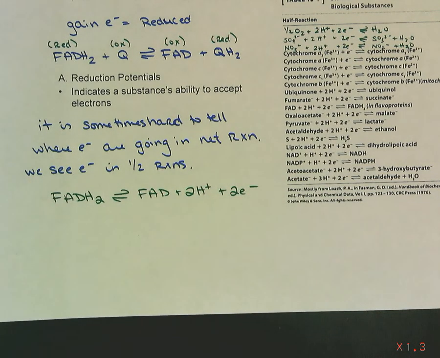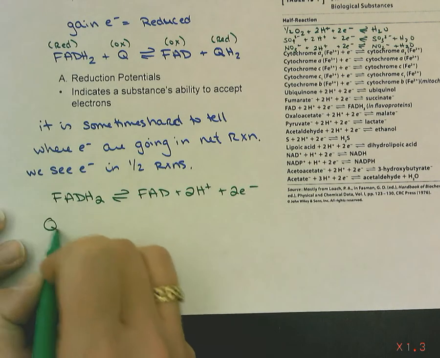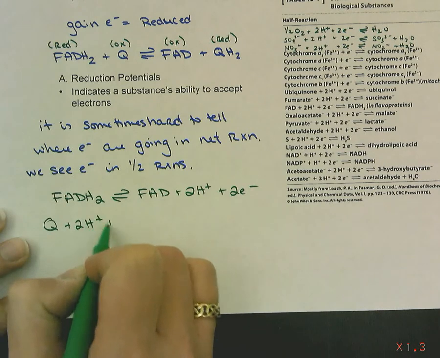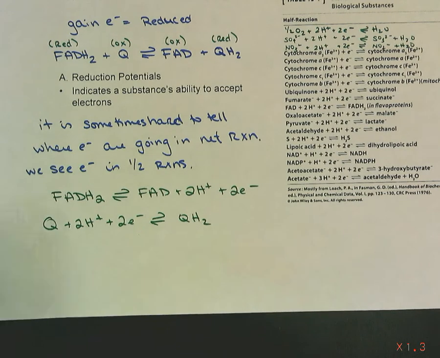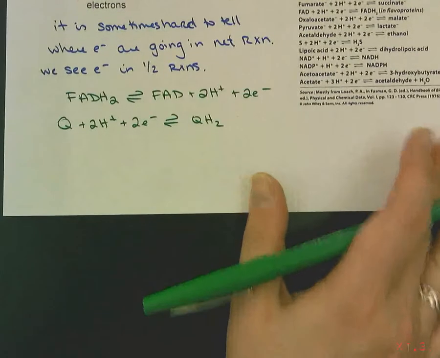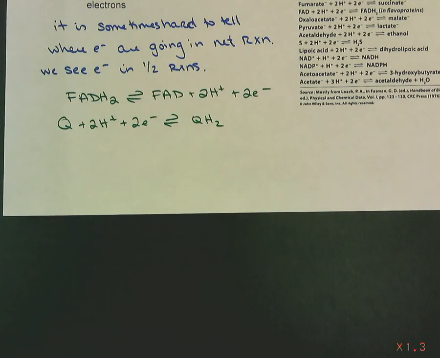all right, that looks maybe more familiar. FADH2 turns into FAD plus 2 protons plus 2 electrons. And I can do the same for the Q. Q has to gain 2 protons, 2 electrons to become QH2.